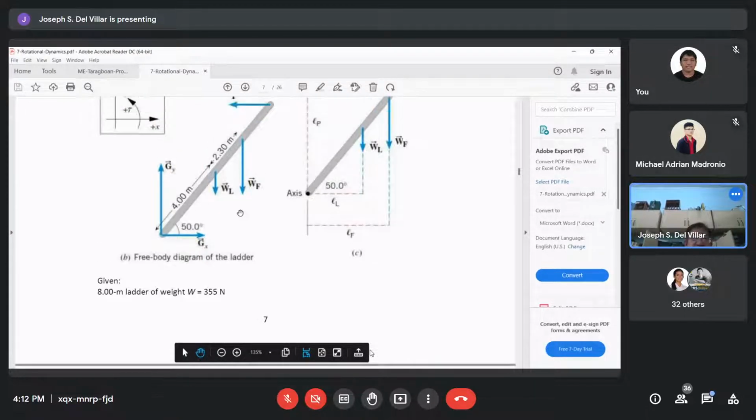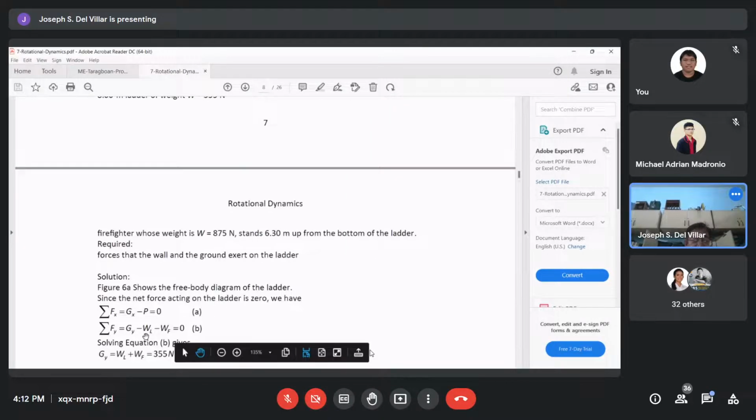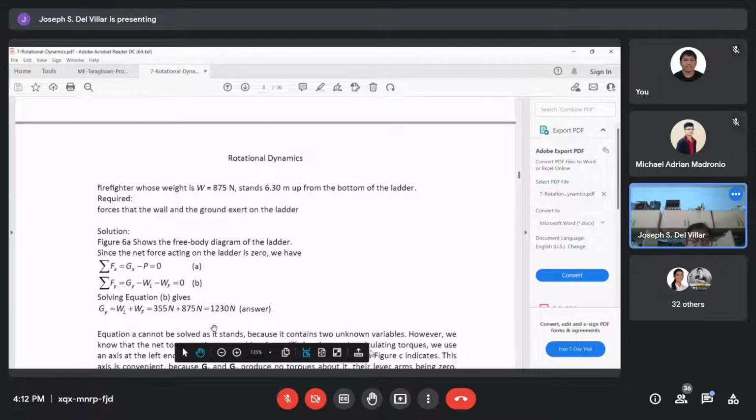Summation of Y. Gy minus WL minus WF is equal to 0. Ayan. Okay? So, pwede rin yan. Para makuha nyo yung Gy. Pero yung Gx is equal to P. Hindi nyo makukuha yan. Kasi dalawang unknown.